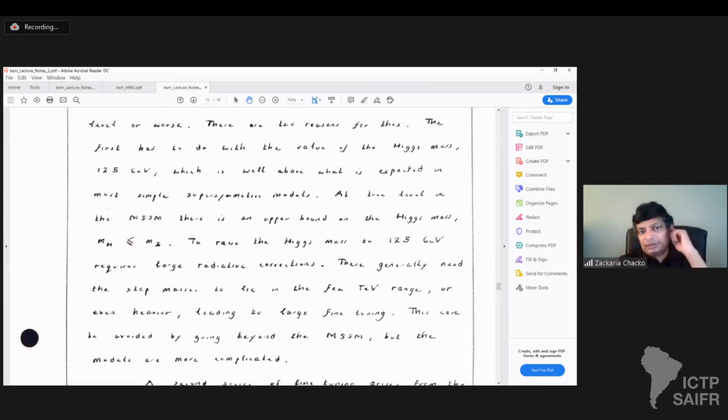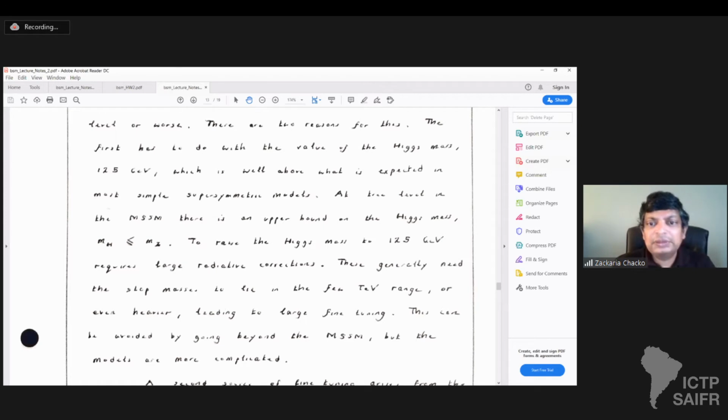And usually those radiative corrections will involve the supersymmetric partner of the top quark, the stop, because that's the thing that couples most strongly to the Higgs. And so usually to raise the Higgs mass using quantum loops all the way up to 125 GeV, you need the stop masses to be in the few TeV range.